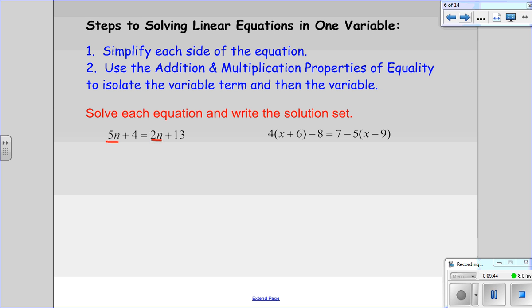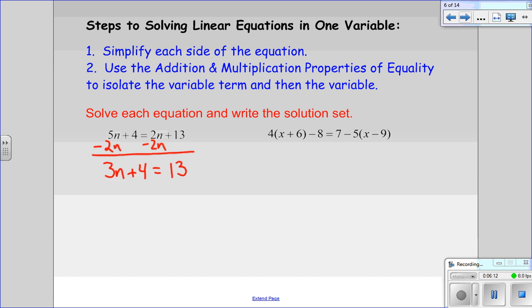We want to combine our 5n and our 2n, but since they are on opposite sides of the equal sign, we have to use the addition property to do so. I'll begin by subtracting 2n from both sides of my equation. Doing this will allow me to combine those like terms and get the equivalent equation 3n plus 4 equals 13.